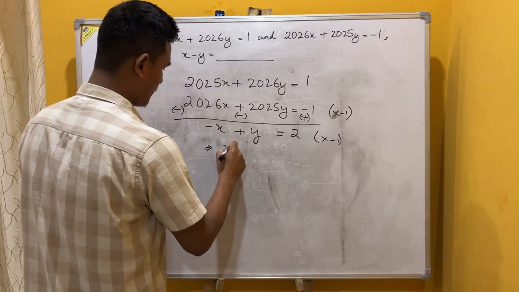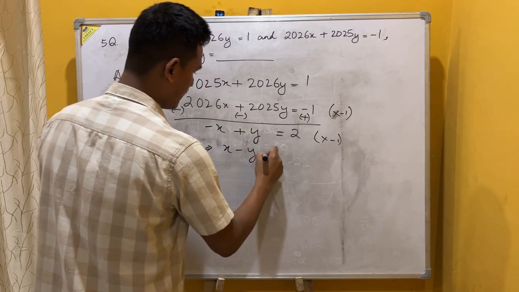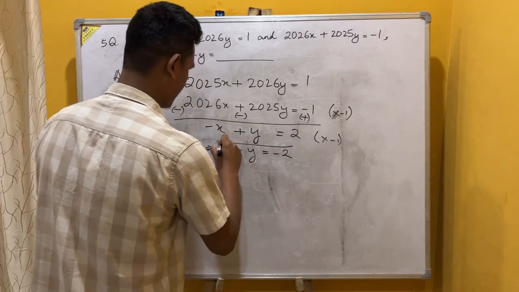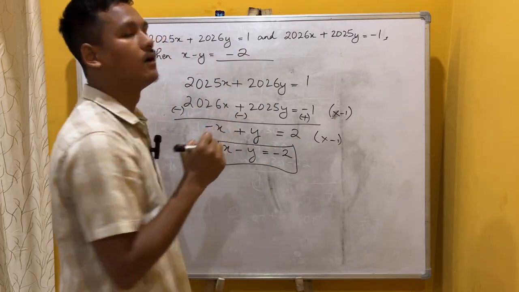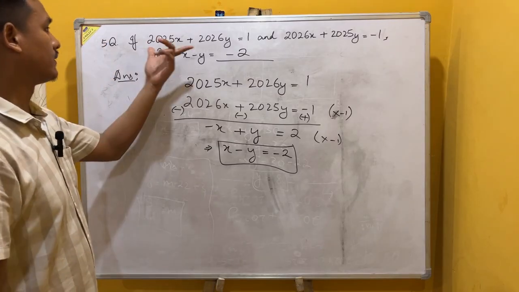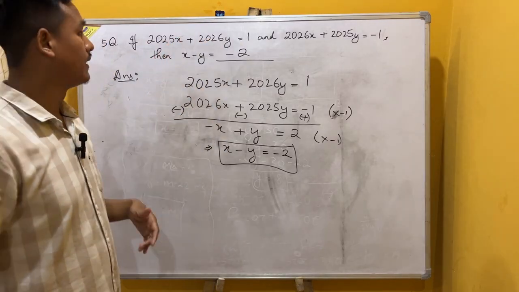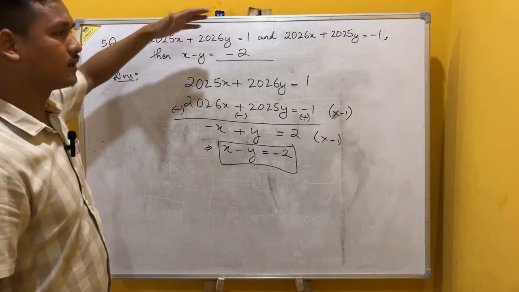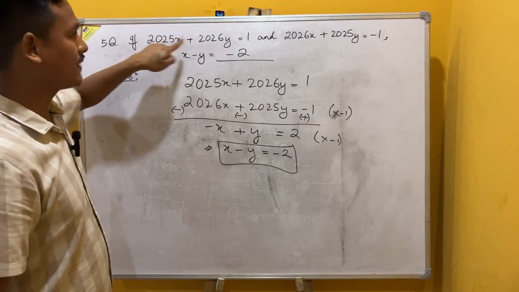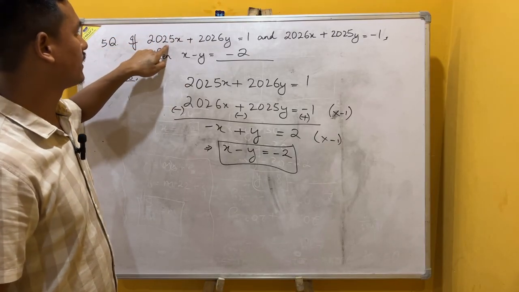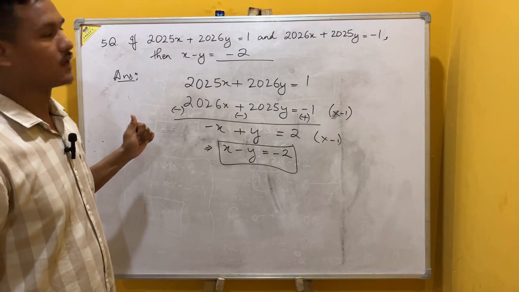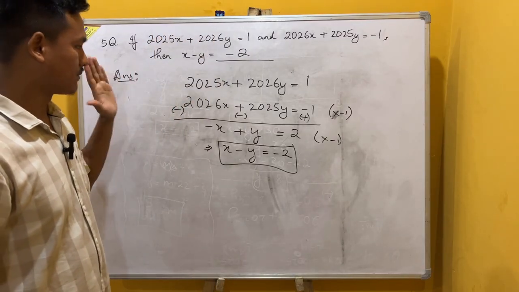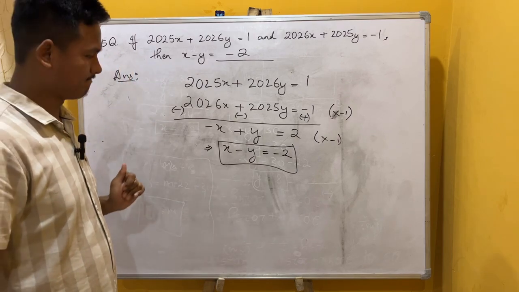So it's going to be x minus y equals minus 2. This is the solution. Whenever you see equations of this type, it might be some other numbers, but a pattern is there, and you can solve the problem by this method.